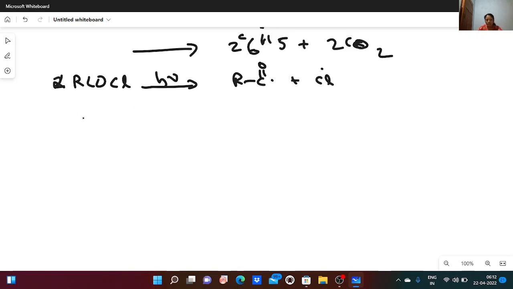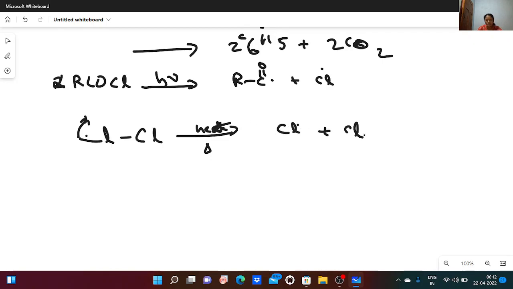Or you can have chlorine, Cl2, in the presence of heat, thermal cleavage, giving Cl dot plus Cl dot. So you can take any of these reactions as a method of preparation.